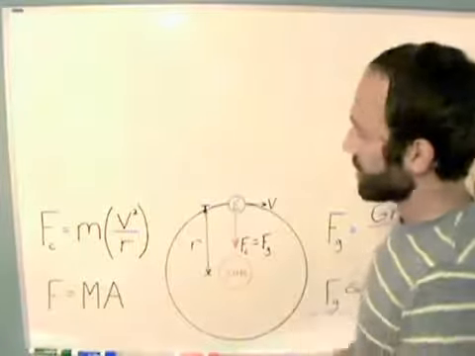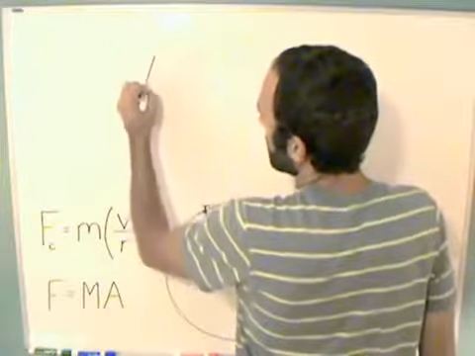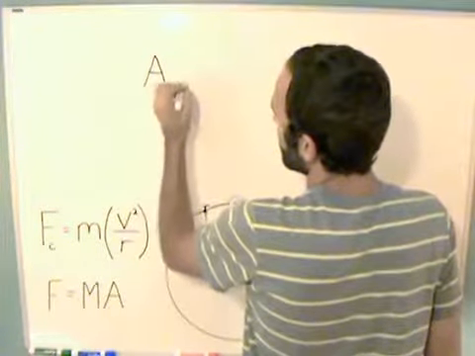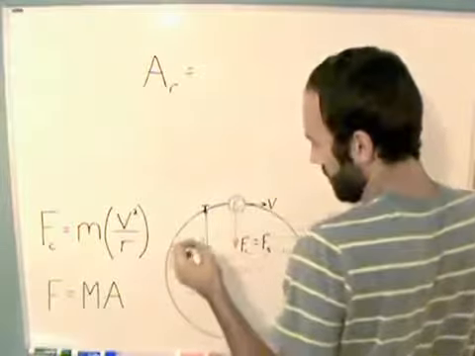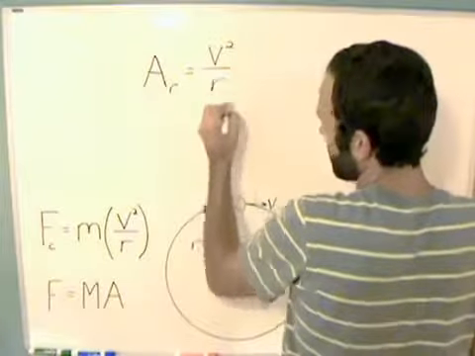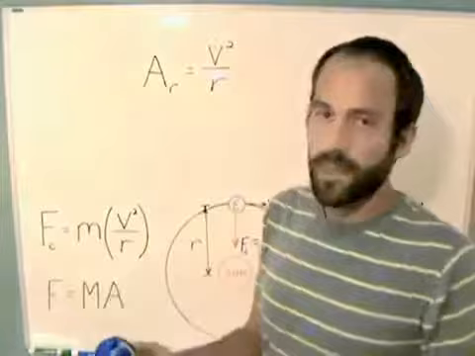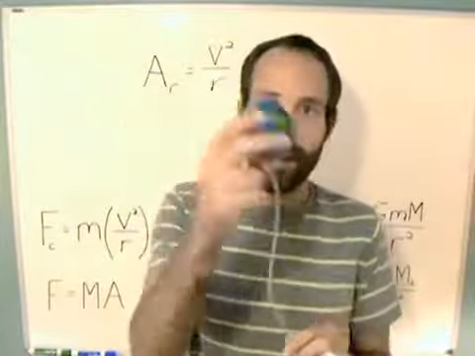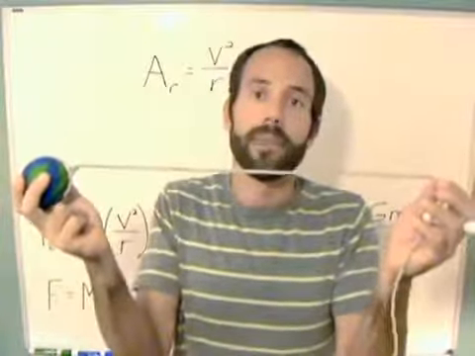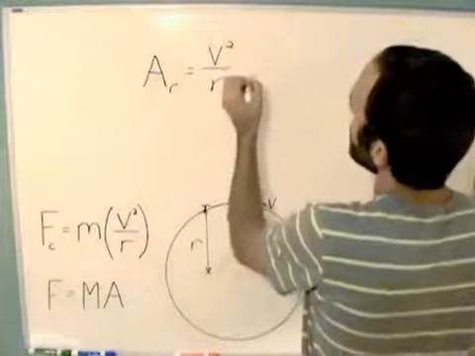Just to show how this works, angular acceleration, or centripetal acceleration, commonly called a_r, is equal to v squared over r. Let's say, for a quick example, that when I'm spinning this, it's traveling at 1 meter per second, and the length of this string is 1/10 of a meter, just to keep it easy, which is 0.1 meters.